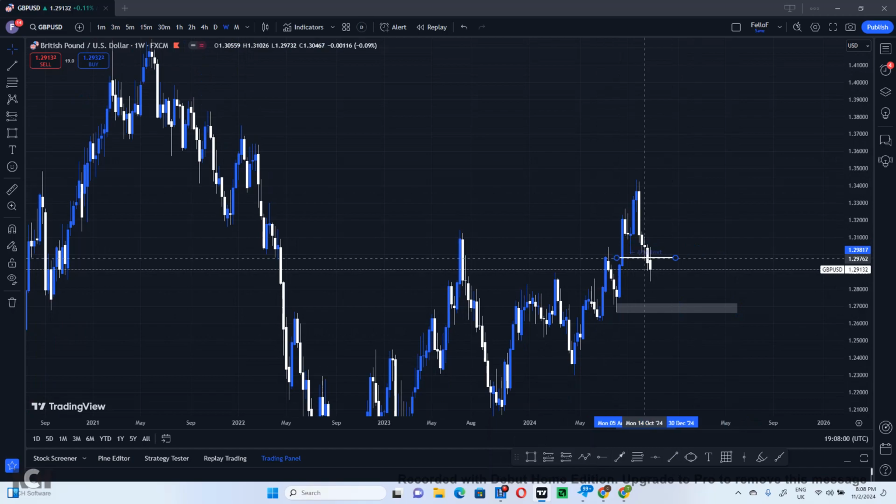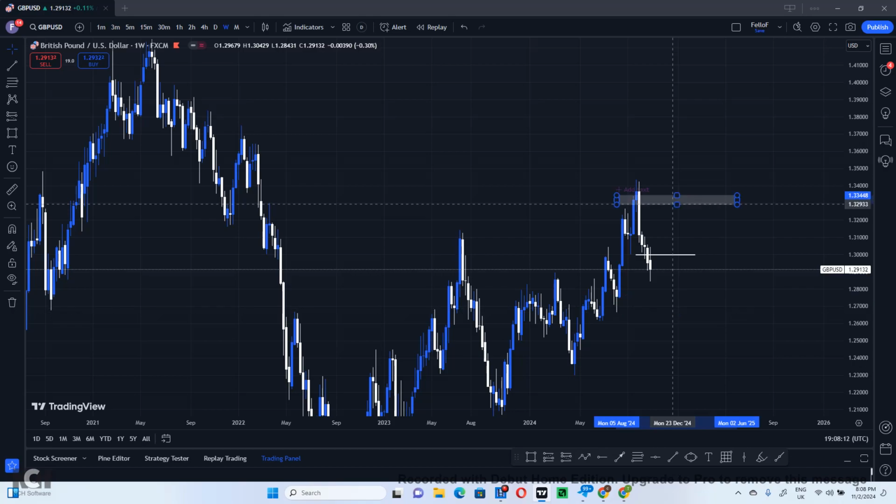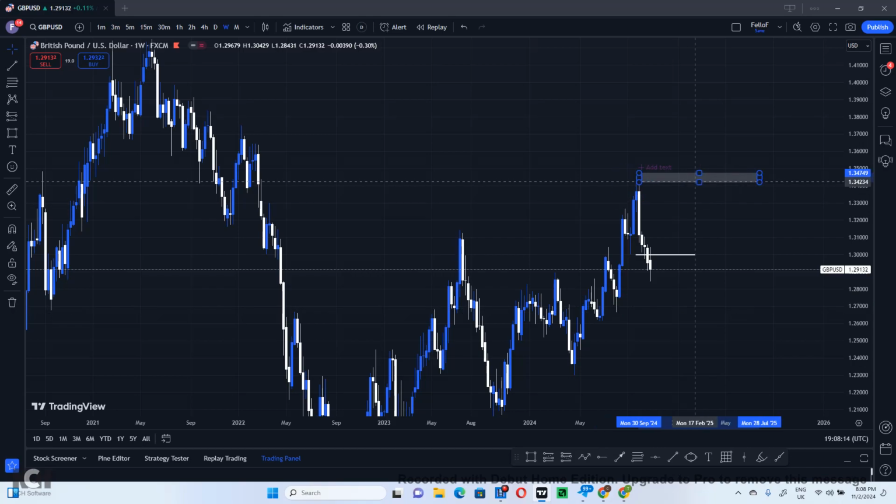This is the last low that was taken out. That little wick means a lot because we're on the weekly. So rather, we're expecting price to come back into this zone, but price might take out these lows before coming back into the zone. So we just watch and see what price has to give us.